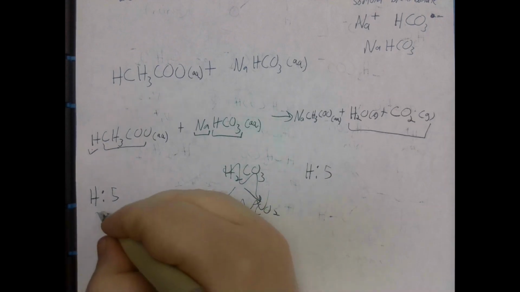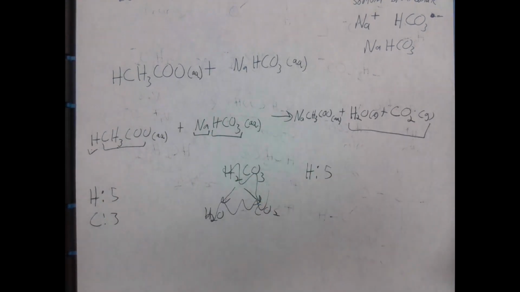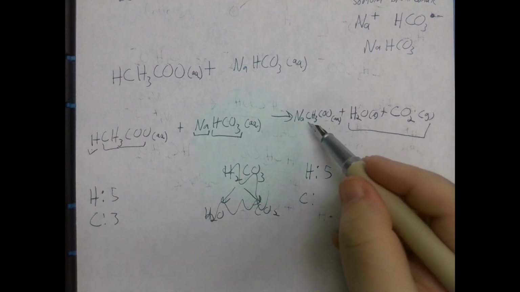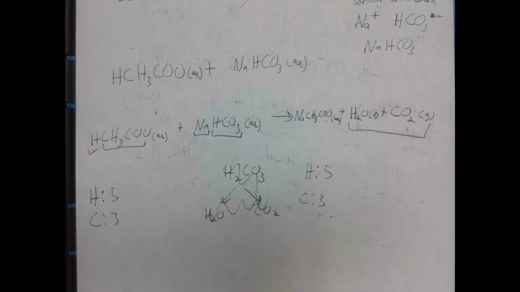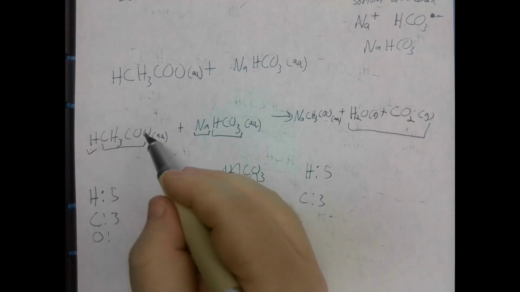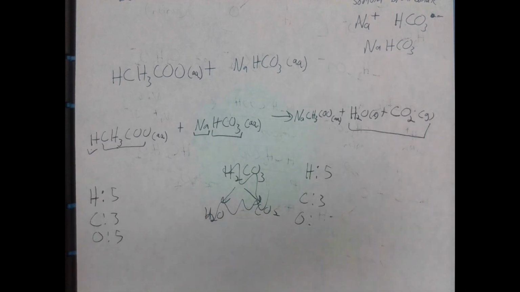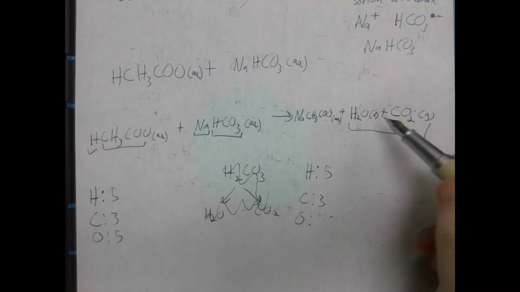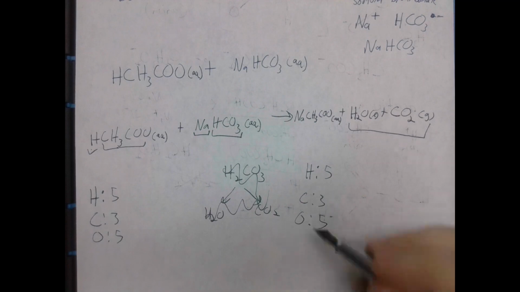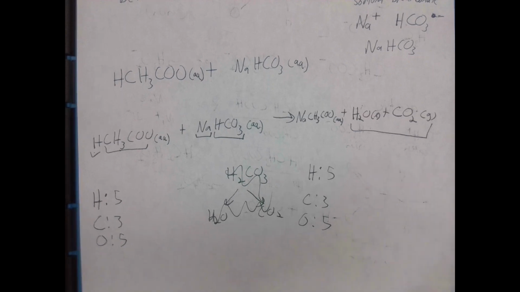How many carbon do I have? 1, 2, 3. How many carbon do I have over here? 1, 2, 3. How many oxygen do I have? 1, 2, 3, 4, 5. How many oxygen do I have over here? 1, 2, 3, 4, 5. It is indeed balanced. Same number of hydrogen, same number of carbon, same number of oxygen.